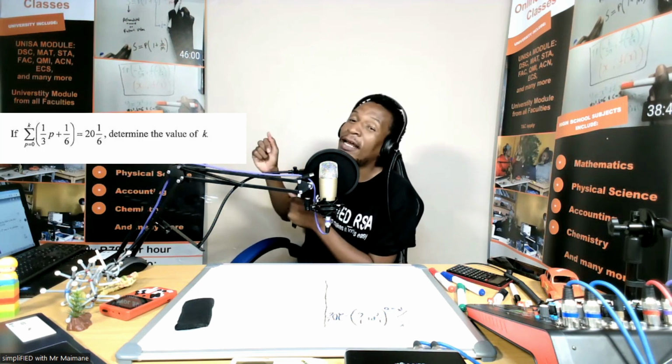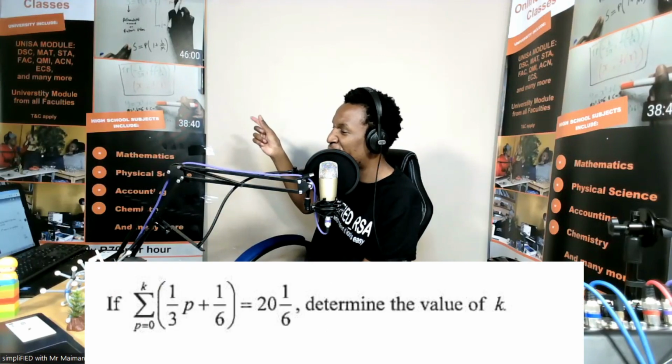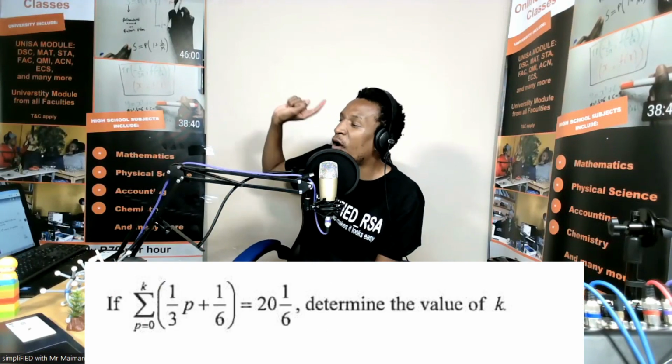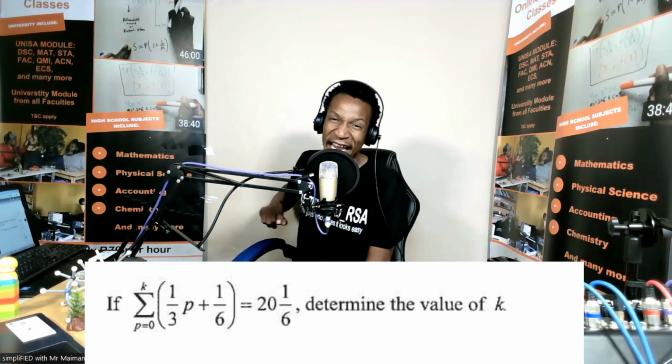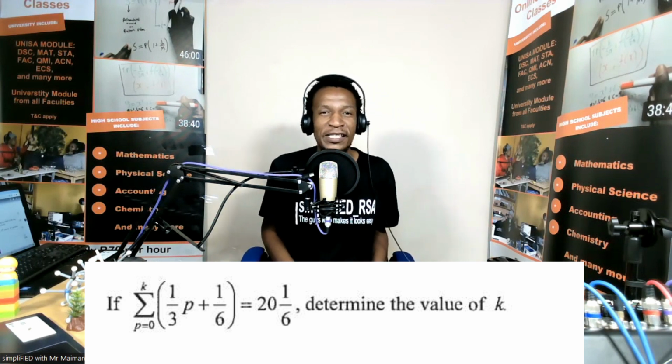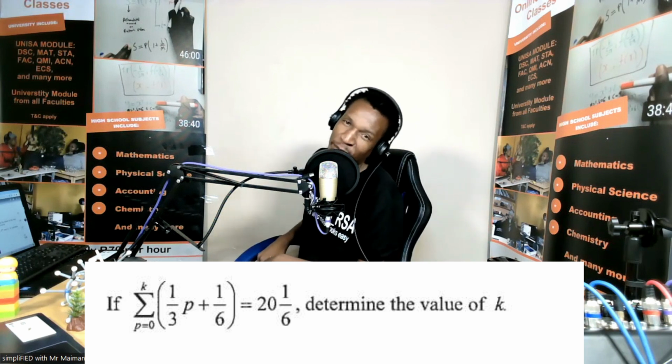So now that we face the question here, the question states that the sum of that expression right there is equal to 21/6, and they want us to determine the value of k without even specifying if this is a geometric sequence or an arithmetic sequence. But to determine that, it's very easy.